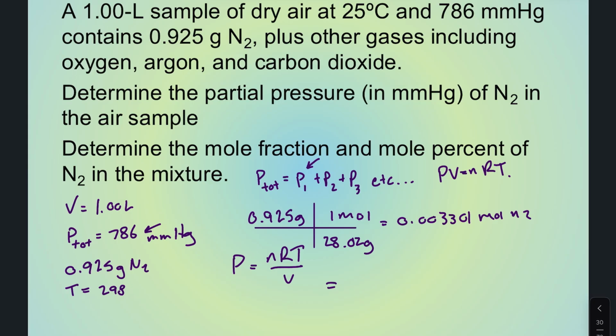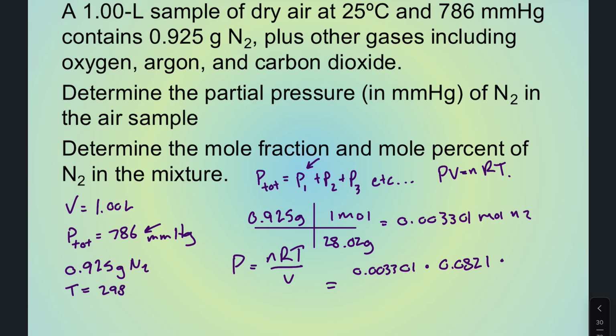And so n we just calculated to be 0.003301. We'll multiply that by R. Now we are going to get our value in atmospheres when I use this value, 0.0821. So that's a good sign that we're going to need to do some extra work.